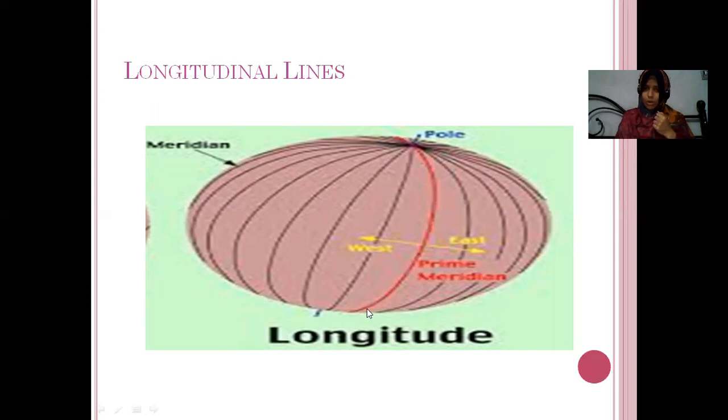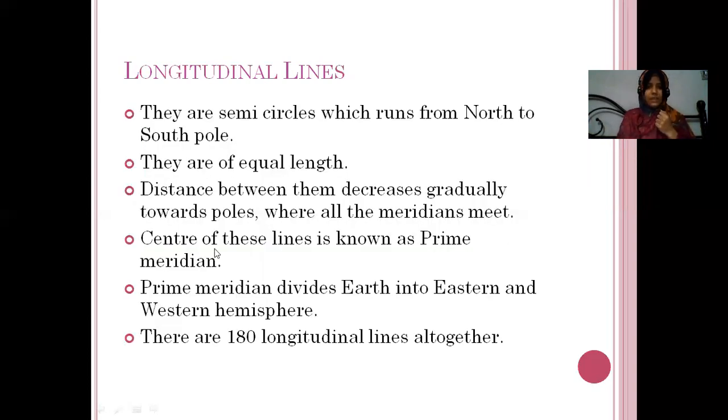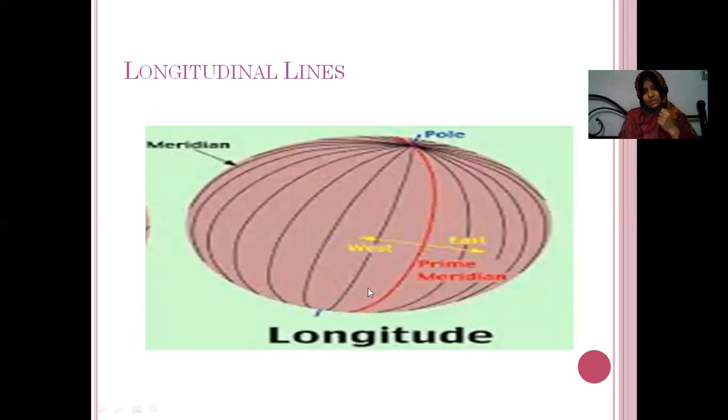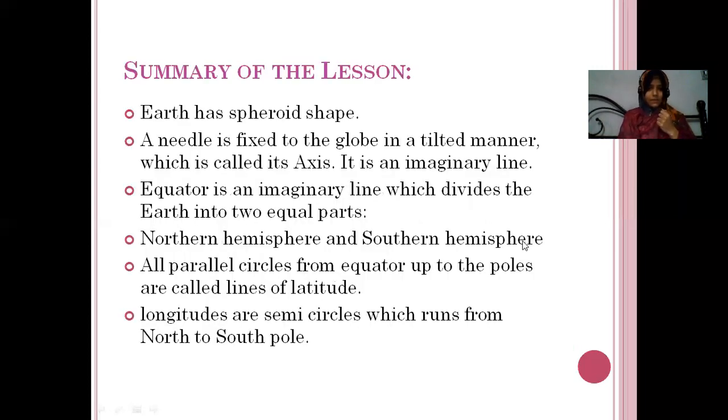Because they all meet at poles. Prime meridian divides the earth into eastern and western hemisphere. See in this diagram, this is prime meridian. The part of the earth towards the west is known as the western hemisphere, and the part towards the east is known as the eastern hemisphere.